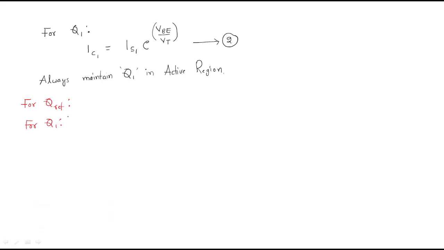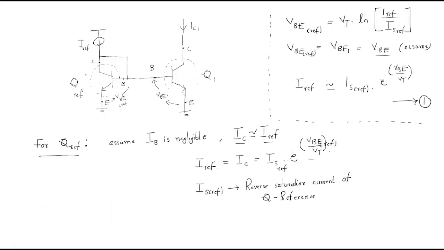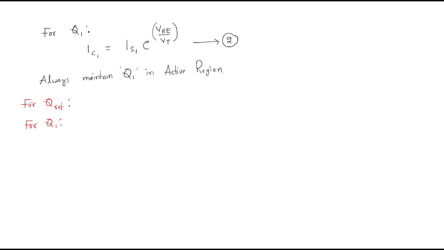For Q reference, this is the reference. Generally we are giving input and we will get output here. For Q1 we are giving input and we will get the output here. Just write those statements.